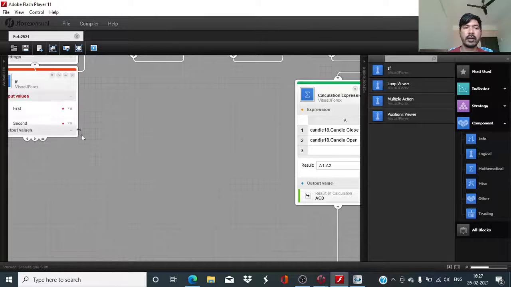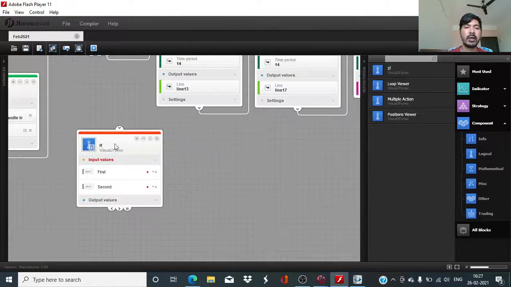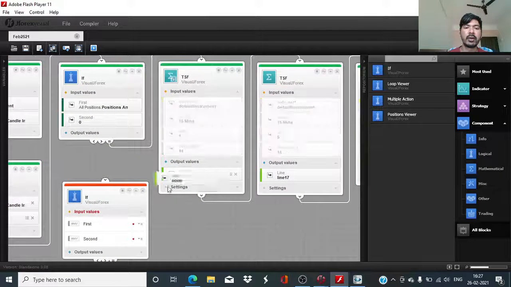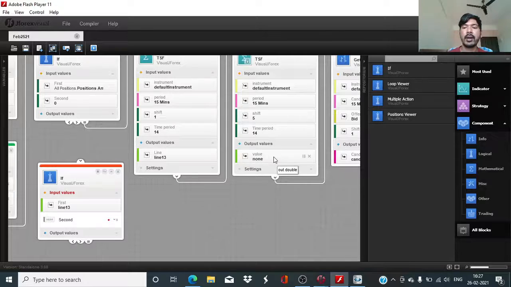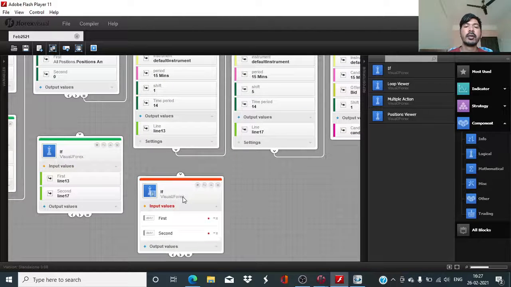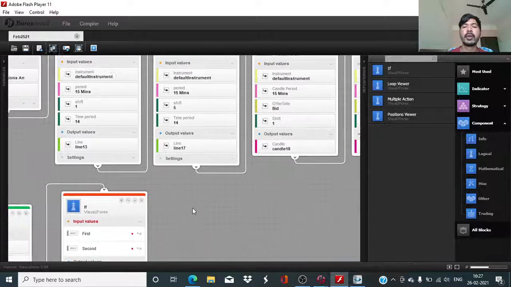Now let us get the if else statement blocks, and we need the line 13 to be greater than line 17. First input greater than second input.